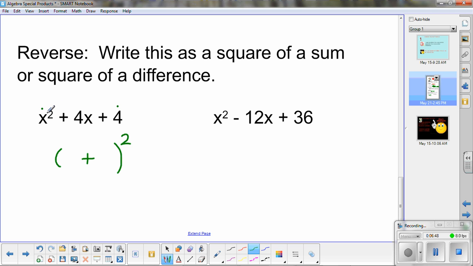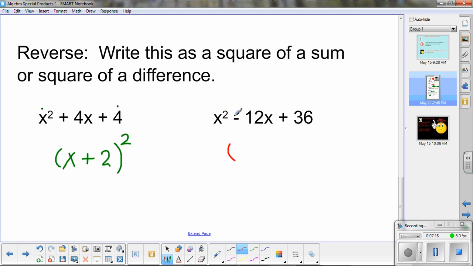The square root of x squared is x, and the square root of 4 is 2. So I'm thinking it's going to be the quantity x plus 2 squared. Now, you can always test it by going backwards. This would be x squared, and then multiply these together and double it. So 2x doubled is 4x, and then the last term squared is 4.